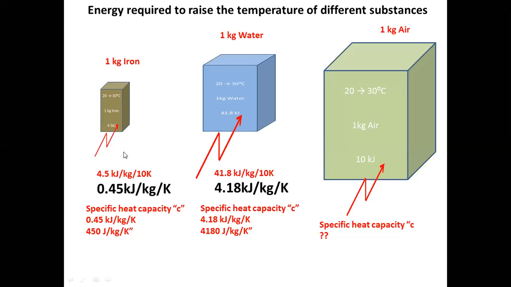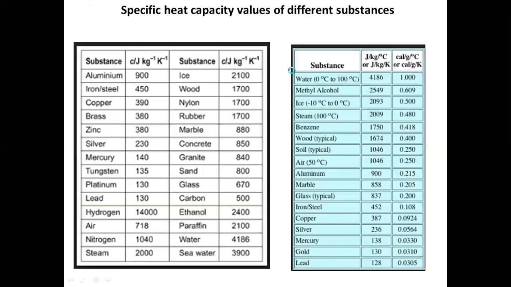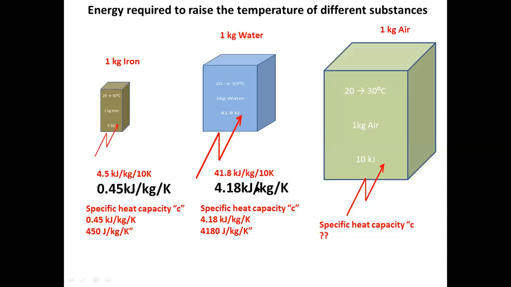To increase 10 kelvins, per kg you need 4.5 kilojoules. For a 10 kelvin rise, this means a 10 degree rise. Here, for water you need 4.18 kilojoules. Compared to this, this is quite similar.